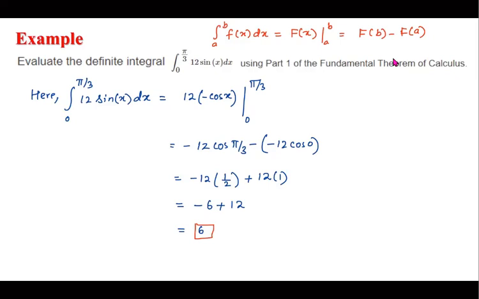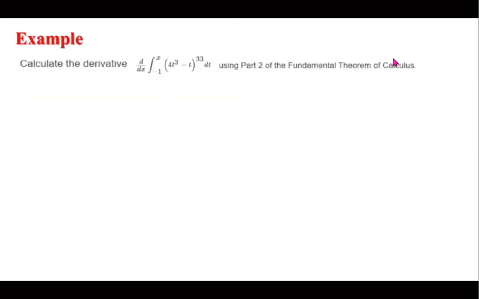Okay, now let's move on to the next example, example 7. Here we are asked to calculate the derivative d over dx of the integral from negative 1 up to x of this function, using part 2 of the fundamental theorem of calculus. What is part 2?